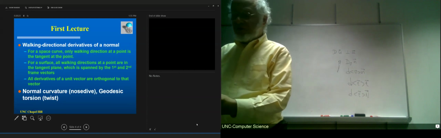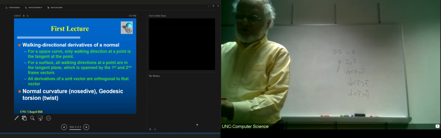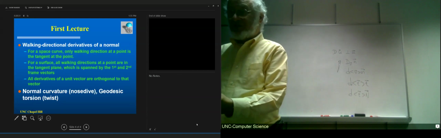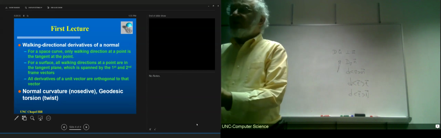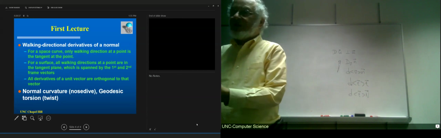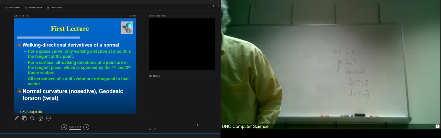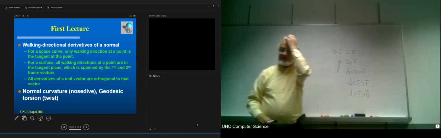So no, there's a best fitting plane to the curve, and this plane will have only this or this as its direction. That's a change in the sense. And it turns out that you will see later that the normal is defined in such a way that only one of those senses is possible. Okay, but we'll get to that later.